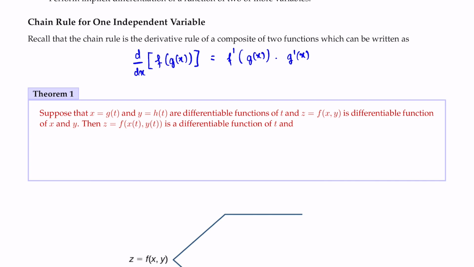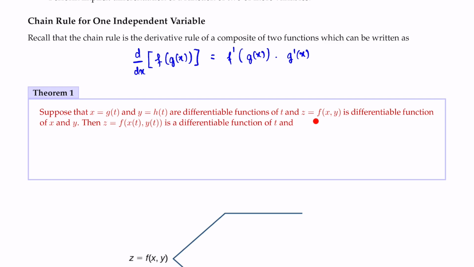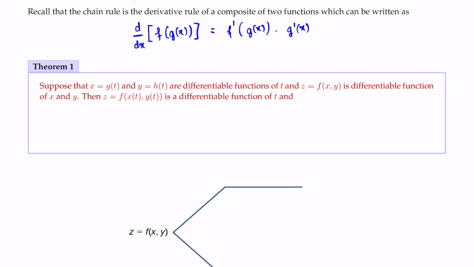Therefore, this is the situation of a function of one independent variable, where the independent variable in this situation is the parameter under consideration. If z equal to f of x, y is a differentiable function of x and y, then z equal to f of x of t, comma y of t is a differentiable function of t. And to find the derivative, dz/dt equals partial z partial x times dx/dt plus partial z partial y times dy/dt.